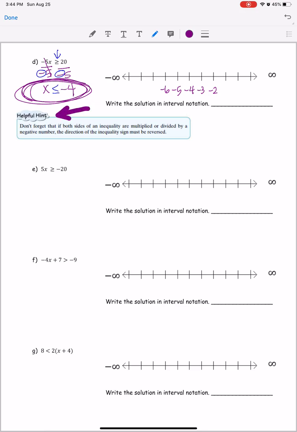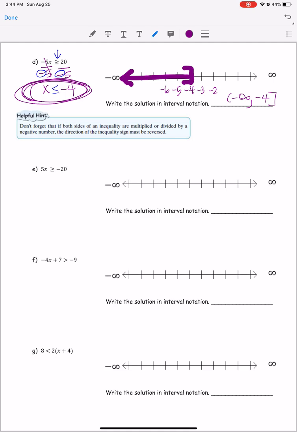This is now pointing to the left, so we're shading to the left, and it's got the line under it, so that means a bracket. So in interval notation, it's pointing to negative infinity, so parentheses, negative infinity, comma, negative 4, and negative 4 has a bracket.